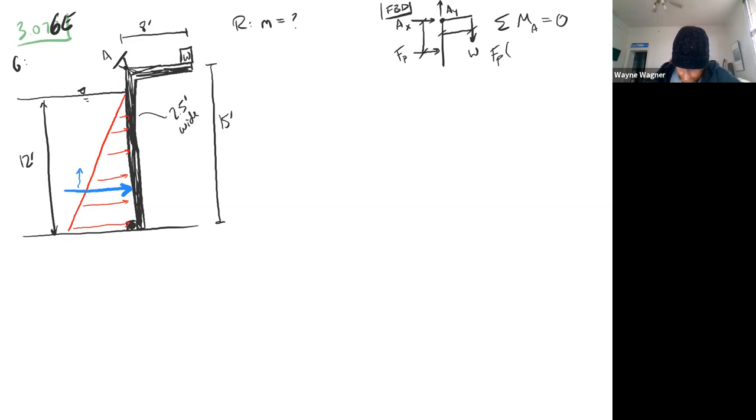Let's just call that Y. That's causing this thing to rotate counterclockwise, so we'll call that positive, minus the weight times its moment arm, which we happen to know from the diagram is 8 feet. So I can just put 8 feet there. Equals 0. You can see from that, we already know the weight, so all we need to know is both of these things.